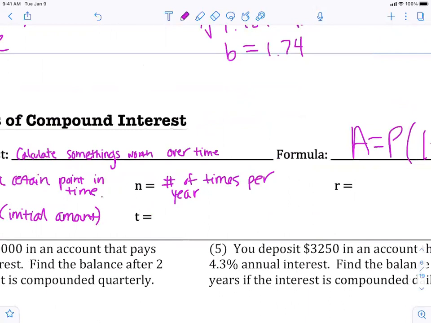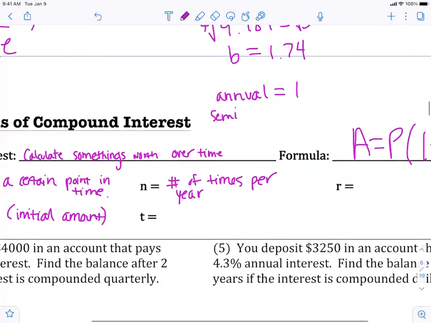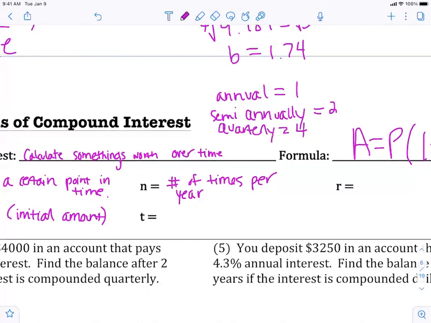So for example, there's a lot of common words like annual. Annual means once per year. There's a lot of different words actually, but like semi-annually is twice per year. Quarterly is 4 times per year. So there's a lot of common ones.